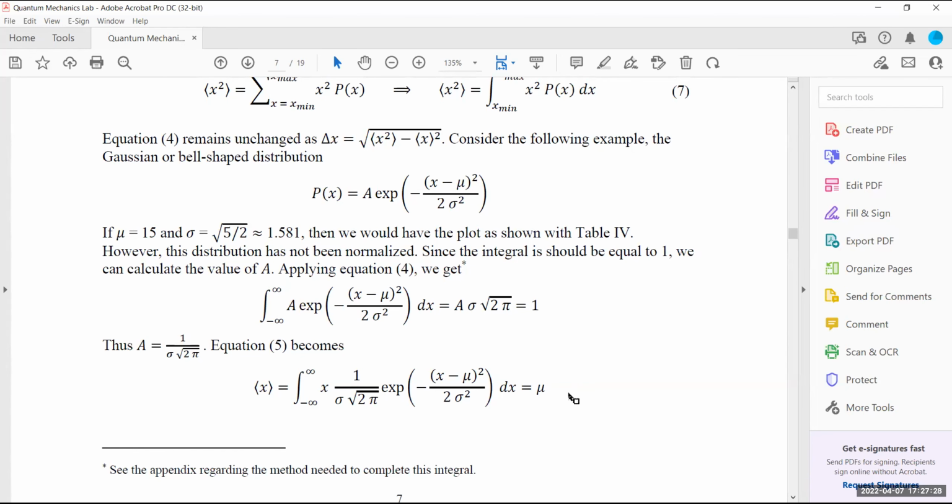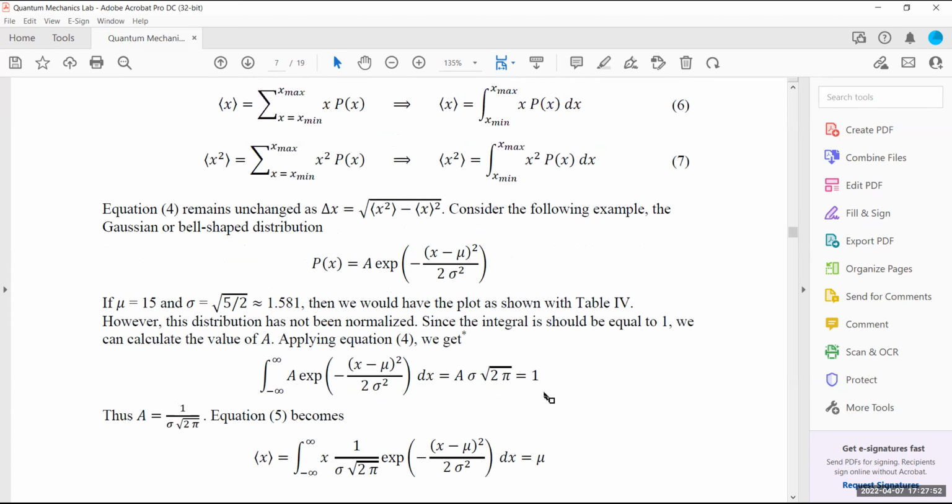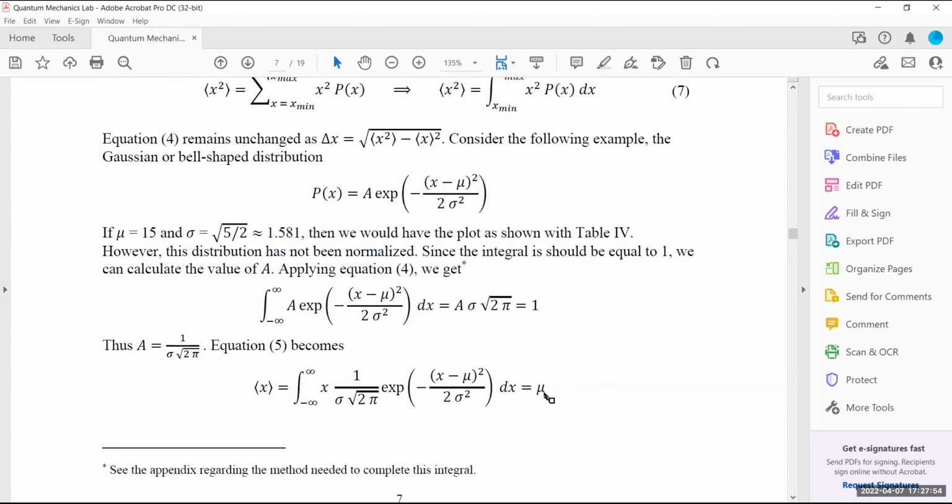This integral is easy to carry out, by the way. You don't have to deal with the sigma functions and the gamma functions or anything like that, because x dx is dx of x squared divided by 2, or multiplied by 2 in this situation. And this is actually x squared shifted by a value of mu. So if you do that change of variable, you're going to get the value of mu exactly in this case. Okay, and that's the whole point of it. Mu is 15 in this situation.